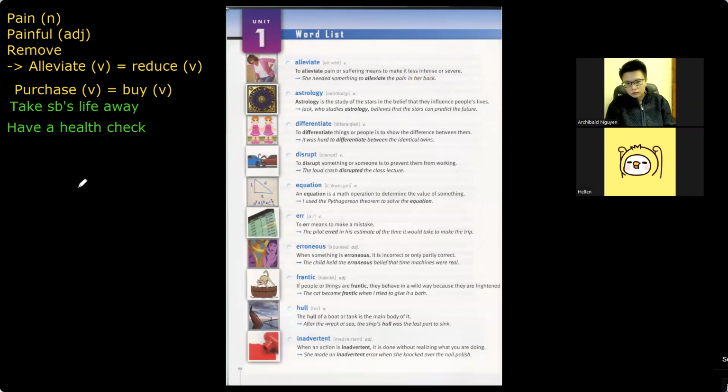All right. So here, if you feel too painful, what should you do in this situation? Should you call the ambulance, or should you ask somebody for help, or should you take medicine from the pharmacy?